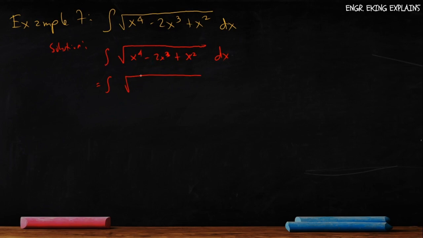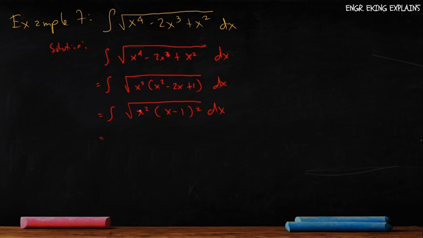So the common factor is x squared. So we end up with x squared times x squared minus 2x plus 1. So also you could factor out this one. So this will be x squared times x minus 1 squared.